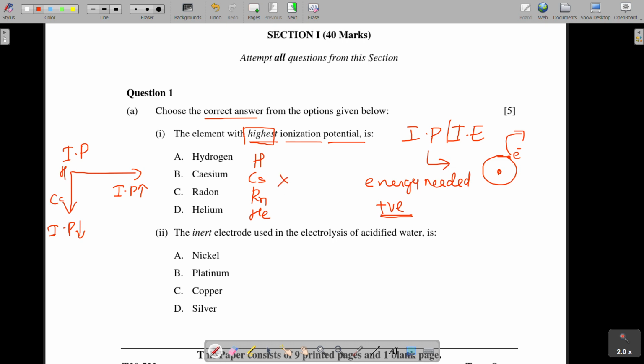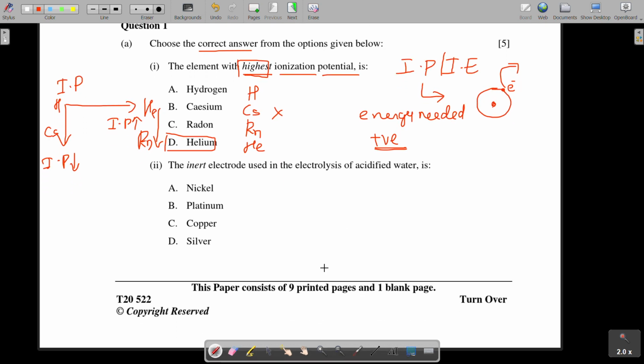Across the period means helium, so obviously helium should have it, and radon will come here. As you are moving down, ionization potential decreases, therefore your answer should be helium. Or you can also remember the element with highest ionization potential is always helium, no other element. Okay, hope it's clear. Let's go to the next question.